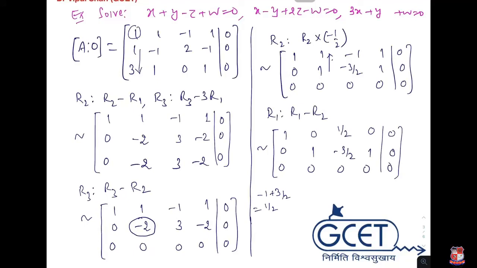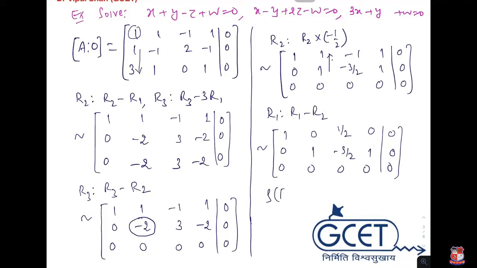Now we can see that the number of variables are 4, and here we can see that the rank is 2.